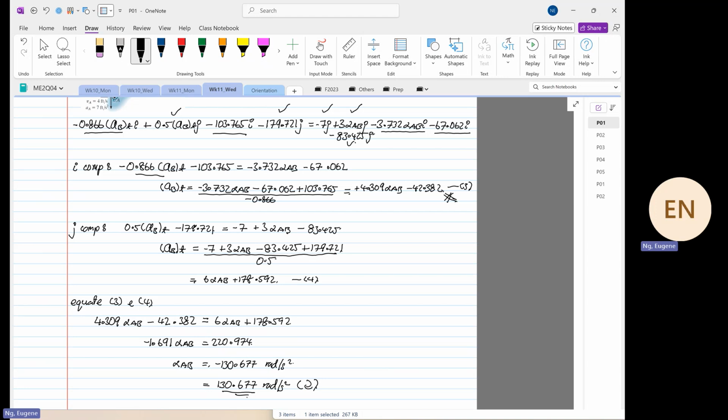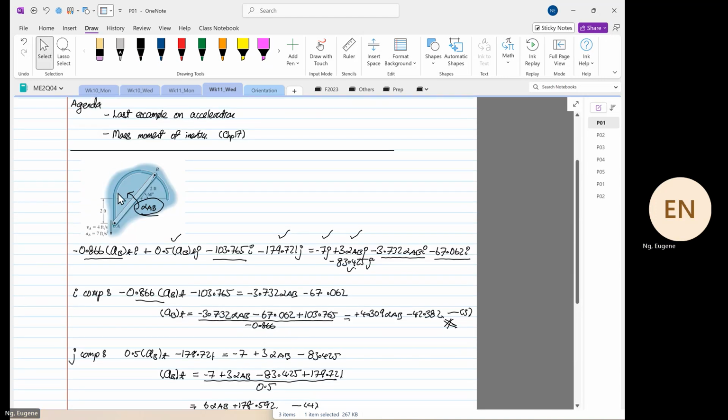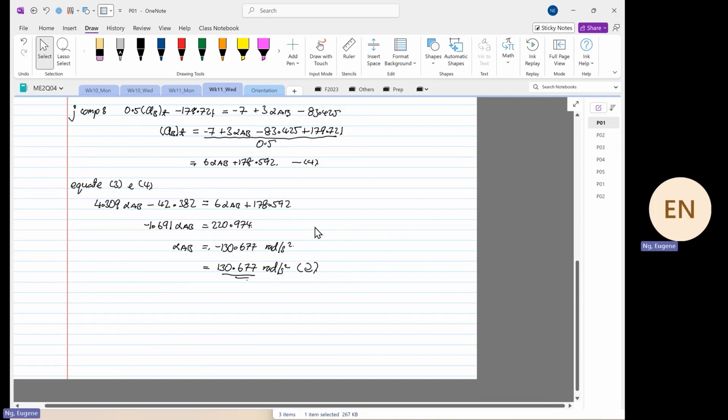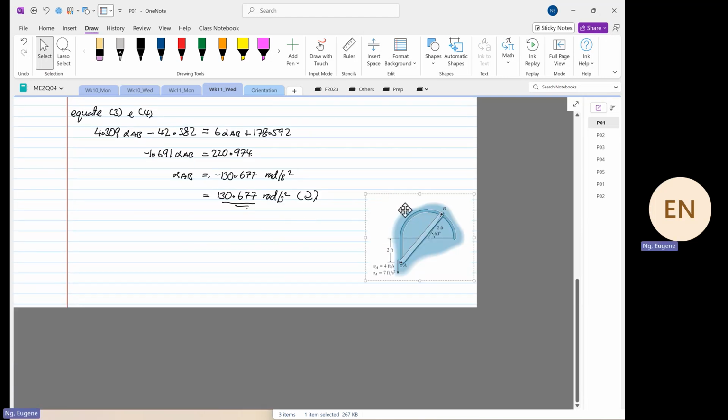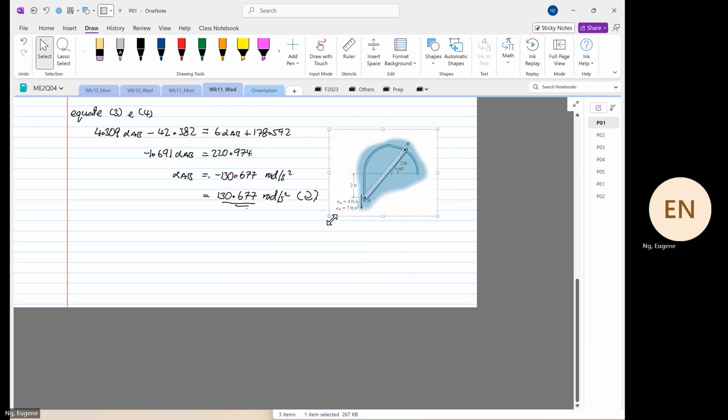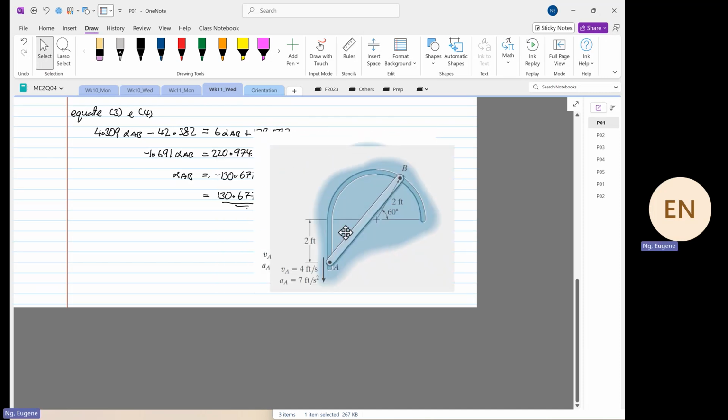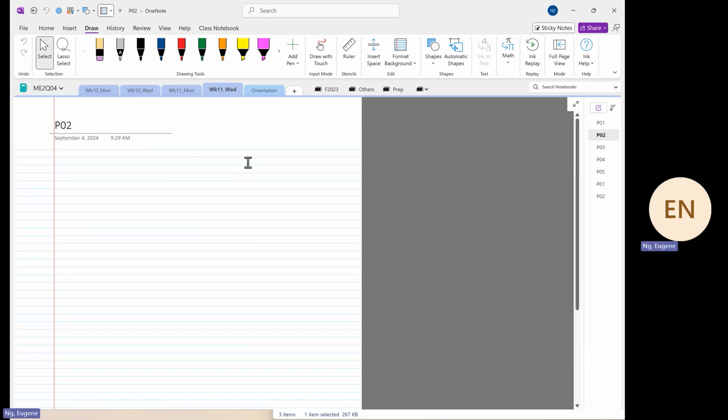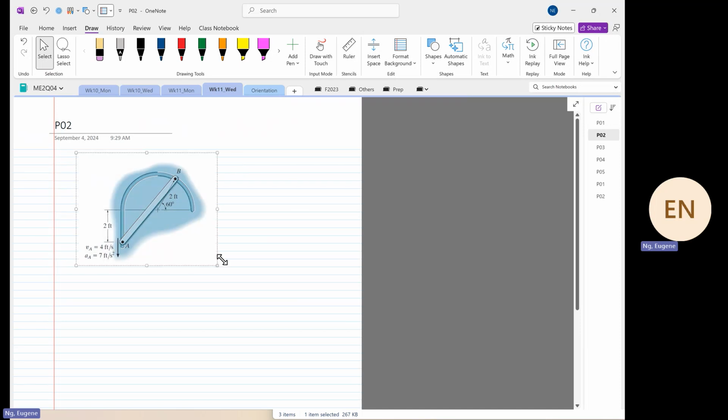And the most important thing to take note of is this. Okay, I'm going to expand this diagram. The most important thing to take note of is this.